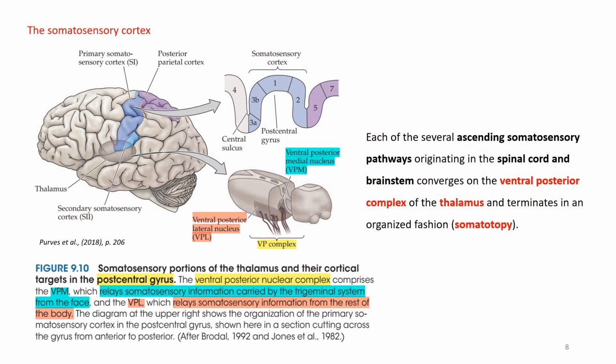So the ascending somatosensory pathway that we saw originates in the spinal cord and brainstem, finally converges on the ventral posterior complex of the thalamus, and reaches the somatosensory cortex in an organized fashion, which we call somatotopy.